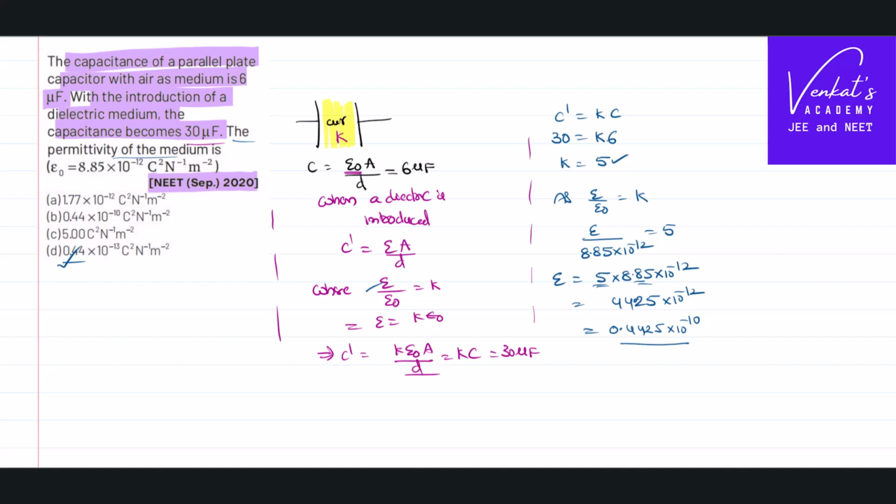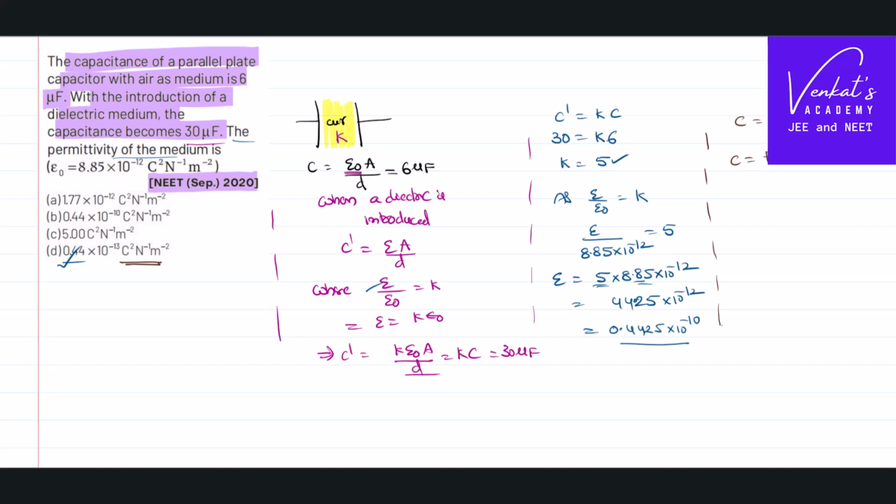But I want to spend a little time to tell you how you get the unit of that. Knowing how to get the unit is an important aspect. If you have a formula for epsilon or epsilon naught, both of them have the same unit. We have C equal to epsilon naught A by D. The unit of C is farad.